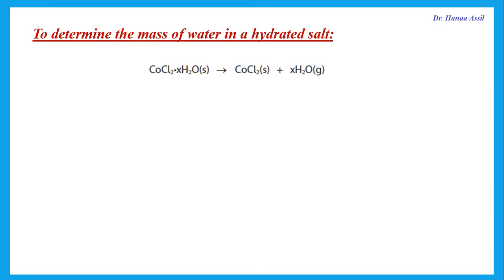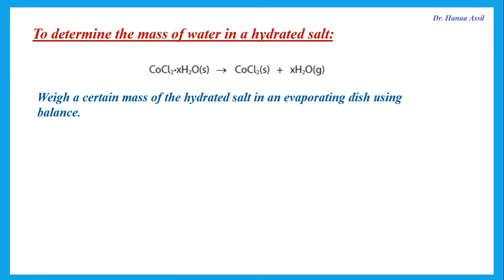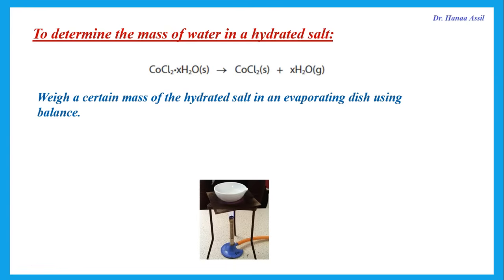To determine the mass of water in a hydrated salt. So I have a hydrated salt and I want to know the mass of water in order to calculate the value of X. How do we do that in the lab? Well, we weigh a certain mass of the hydrated salt in an evaporating dish using a balance.